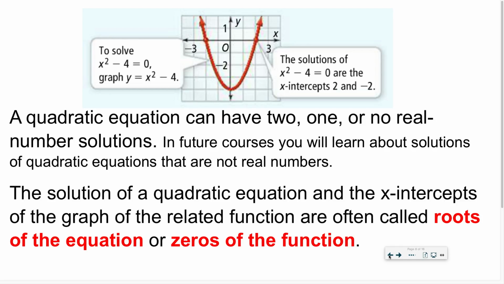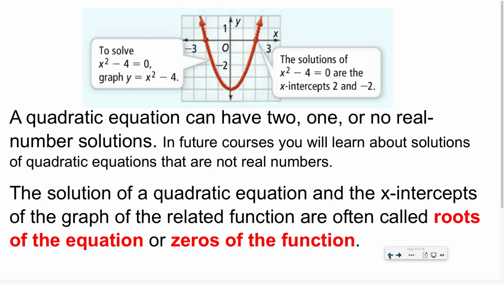Now, if you take a look at the actual solutions in that image on the left-hand side, it says to solve x squared minus 4 equals 0, graph y equals x squared minus 4. The solutions of x squared minus 4 equals 0 are the x-intercepts 2 and -2. You might already notice a relationship between the solution and the fact that x is 2 and -2.